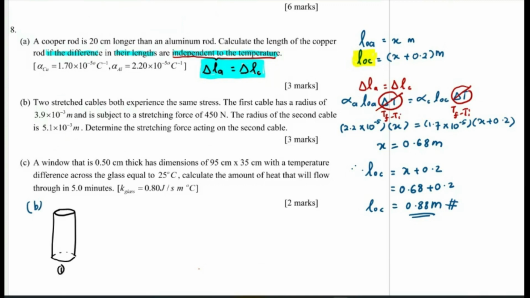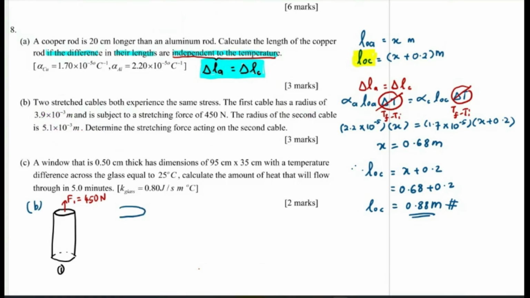Kita baca soalan dia kata the first cable has a radius of this one, and the stretching force is 450 Newton. So means that we're going to have F1, which is 450 Newton. And then for the second cable, you can see that the radius of the second cable lebih besar, bigger than the first cable. So 5.1.